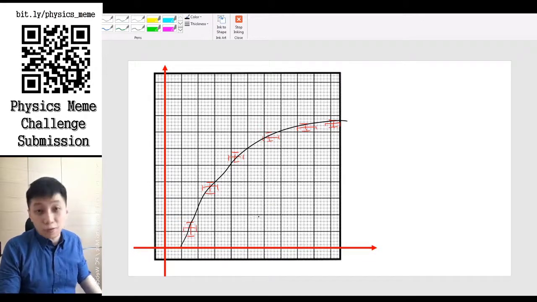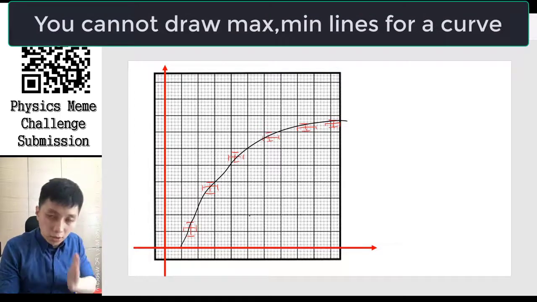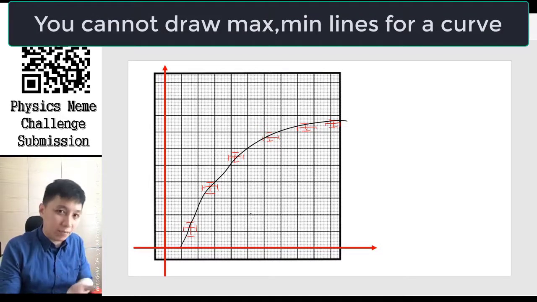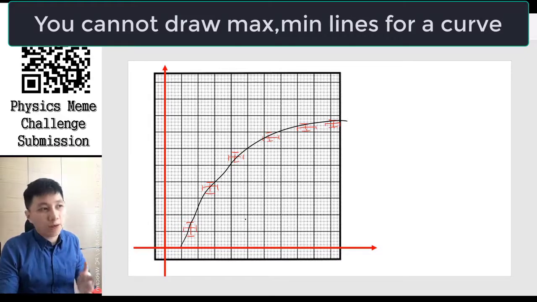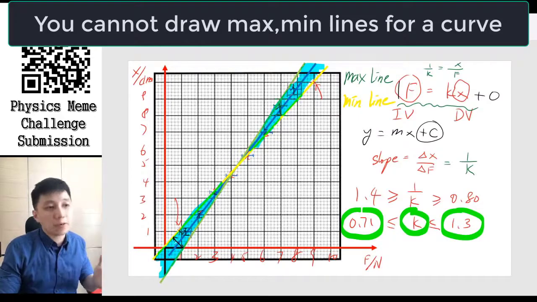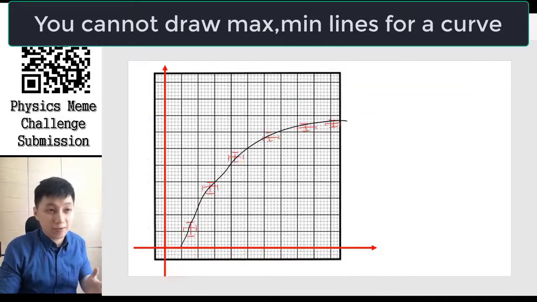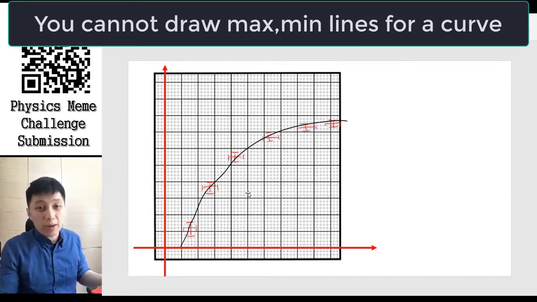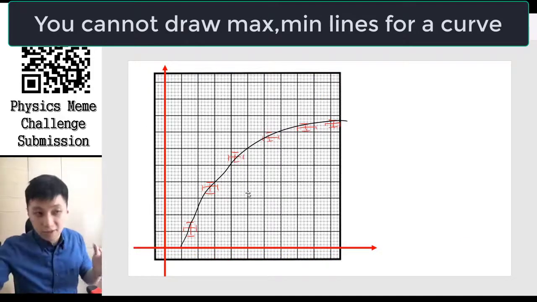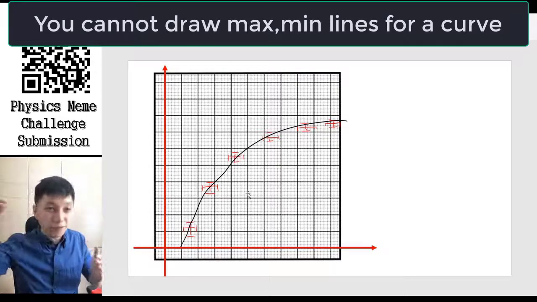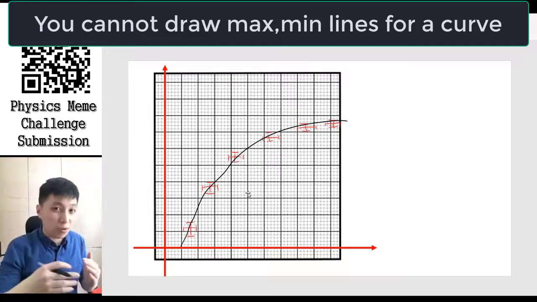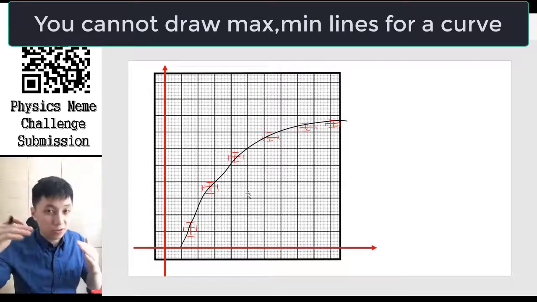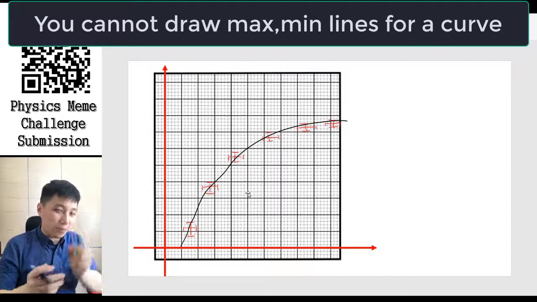The other thing you should pay attention to is that you cannot draw the max-min line with a curve, because the max-min line is only applicable to a linear line. There's no way you can talk about a curve's slope, because for a curve the slope is changing at each point, or you have to draw the tangent at each point to find the slope at that particular point only.